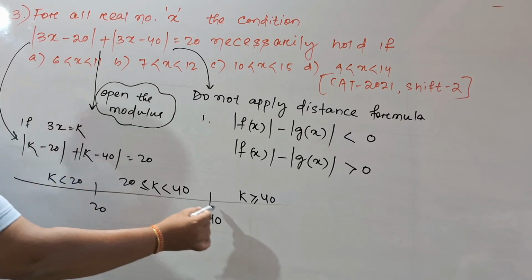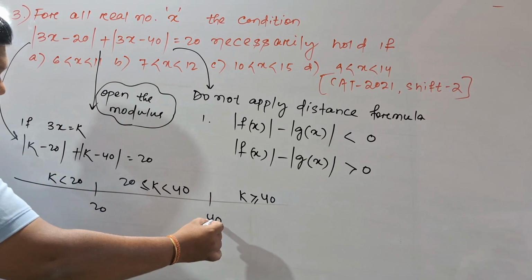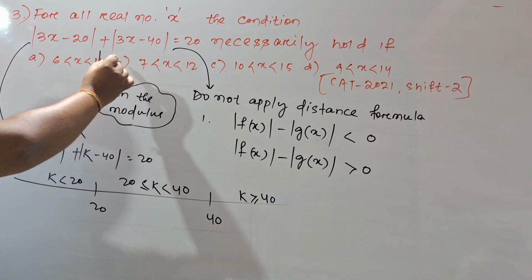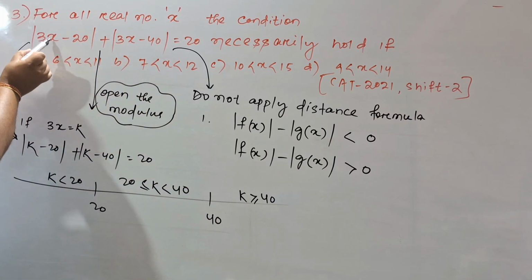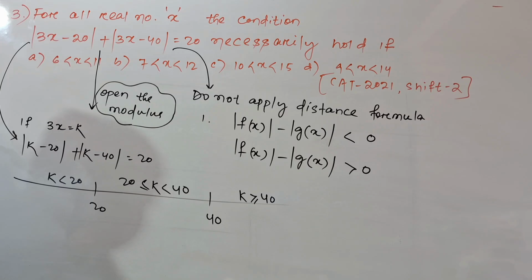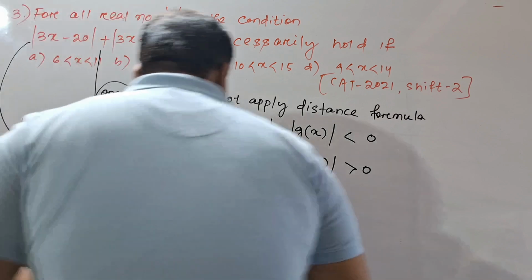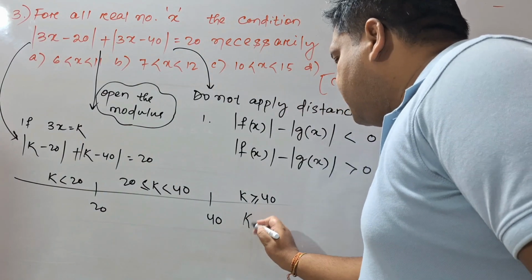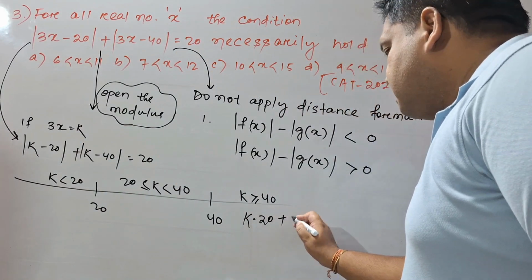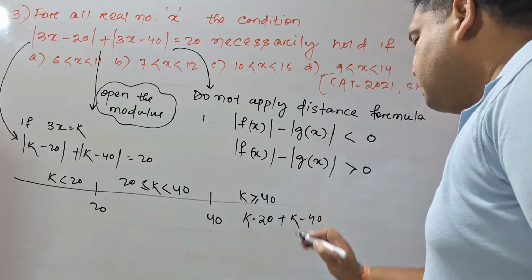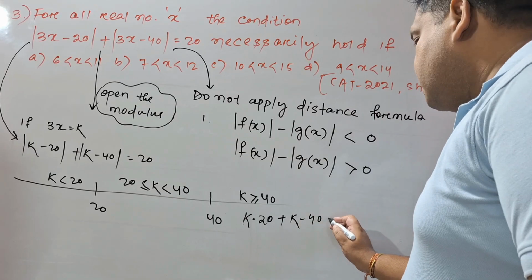Now this is the critical point 40. Towards its right, if it is in standard form, it satisfies the standard form. Here the coefficient of x is 3, positive. Towards the right of the critical point, mod opens with positive sign. Positive sign means I just write k minus 20 plus k minus 40, and I have to check whether I will get 20 or not.